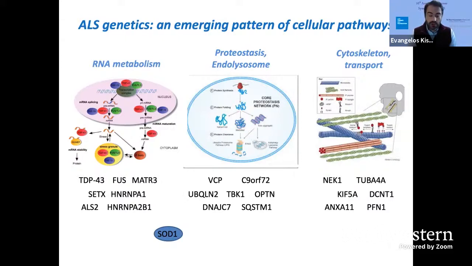So our eventual goal is to develop iPSC-based models for each one of these genetic factors. And the fundamental question we're trying to address is whether these share mechanisms that lead to dysfunction of motor neurons and eventual degeneration. A major focus in our lab over the last few years has been C9orf72.